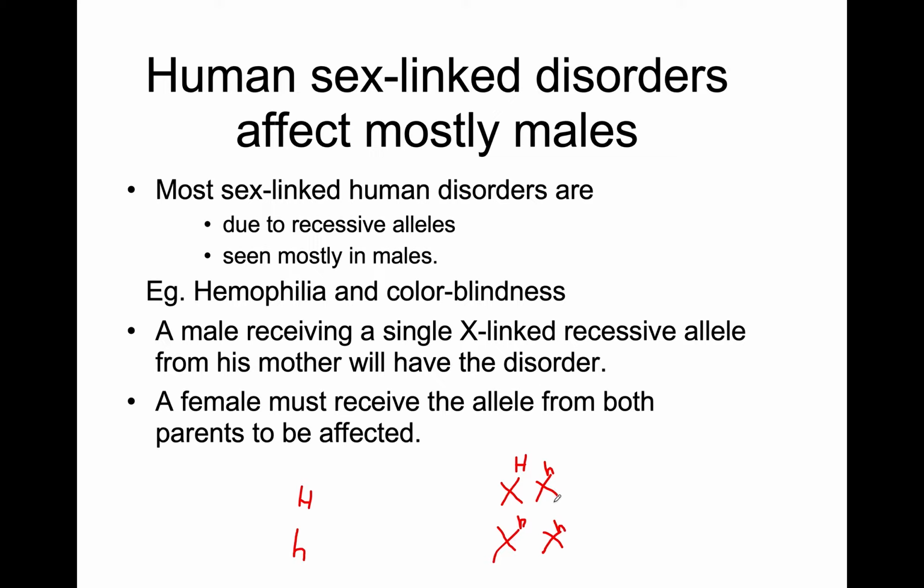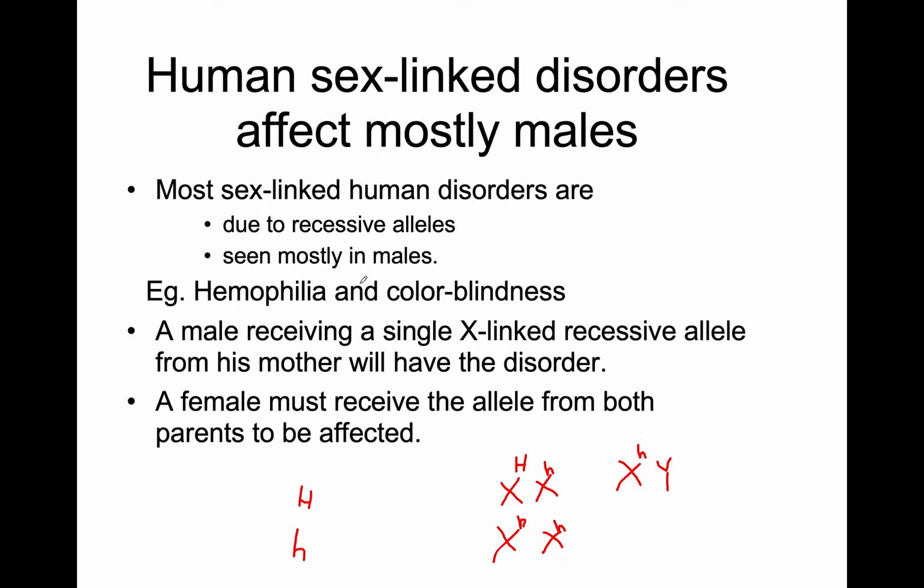So females have a 50% chance of getting away with a disease by carrying the disease gene. But a male does not have another X chromosome to rely upon for a 50% chance of survival. So if a male inherits the recessive allele, which is disease causing, he is going to get it 100%.